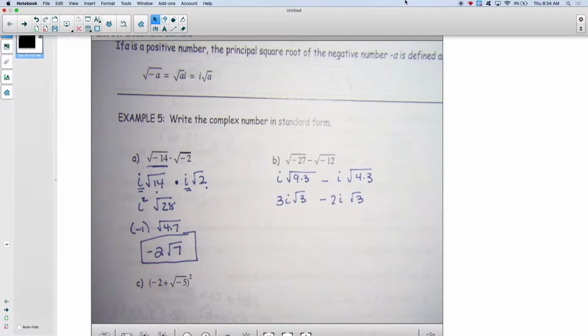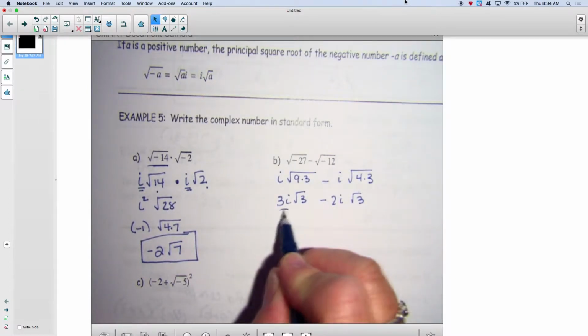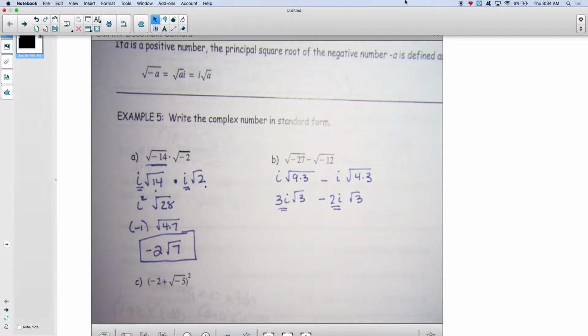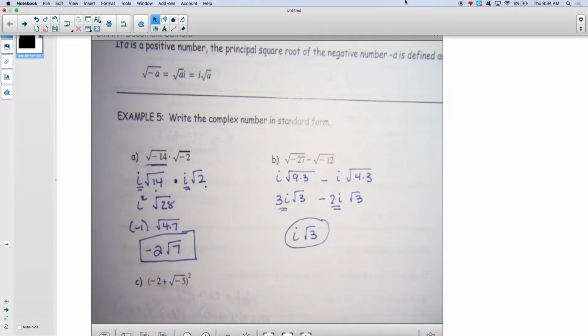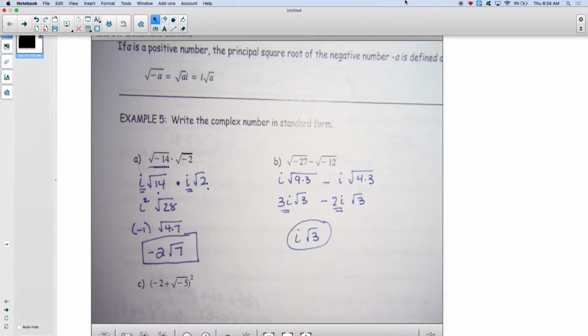And can you now subtract these? What's 3i take away 2i? i square root 3. Questions on that one?